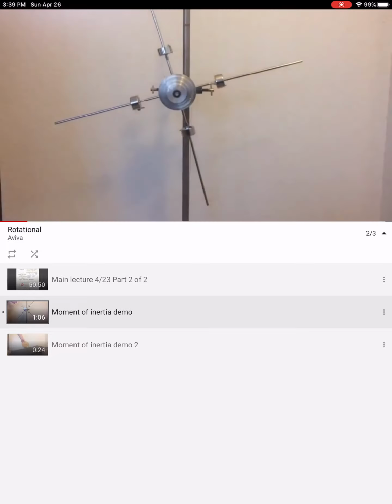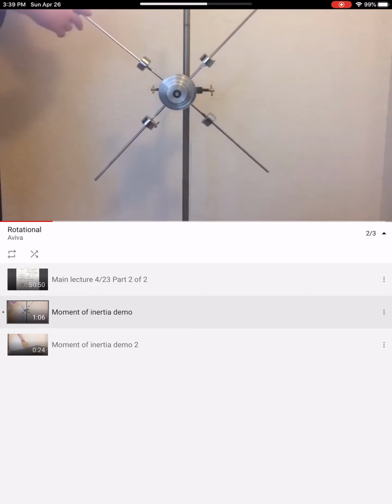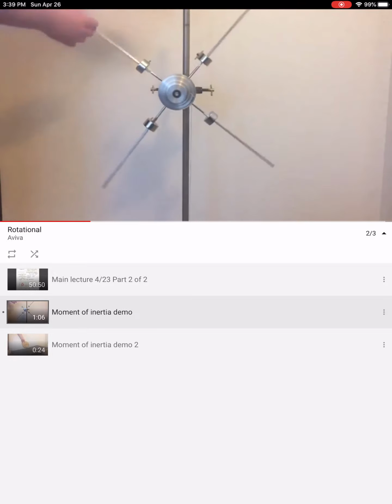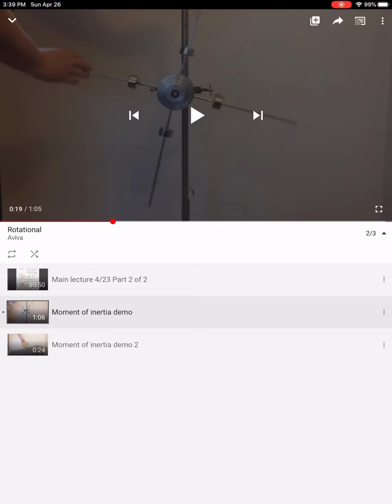So in this demo, which is moment of inertia, we will be hanging a mass of approximately 110 grams from the apparatus with the weights as close to the center as possible, except for this little area. You see the axis of rotation is right through the center of that tiered pulley system, and he's going to show you the mass that's hanging from the pulley system in a second.